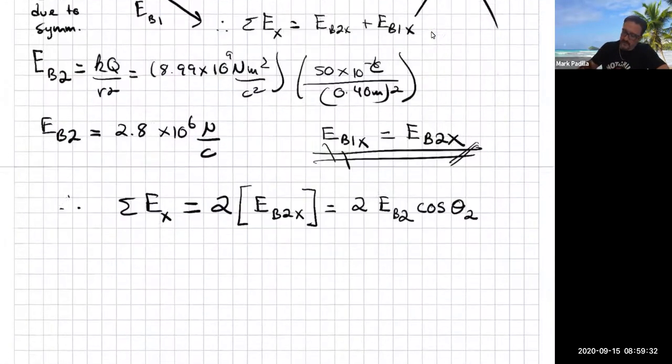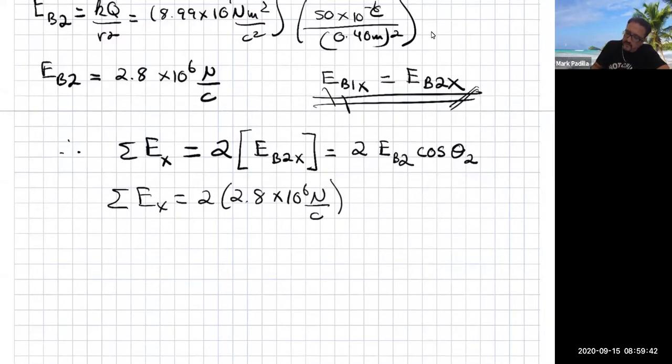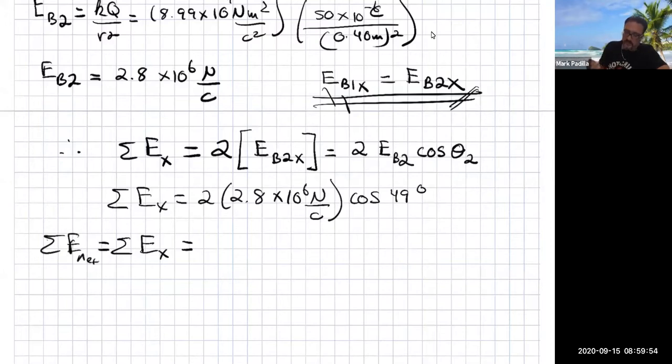So I'm down here. The sum of the x component is 2 times 2.8 times 10 to the 6 newton per coulomb times cosine of 49 degrees. And the total field, E net, is equal to all of the components in the x direction because everything cancels in the y direction.